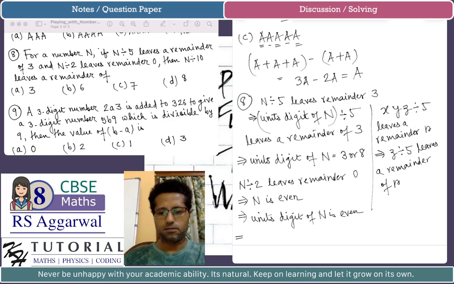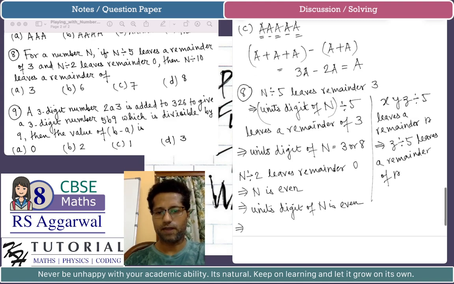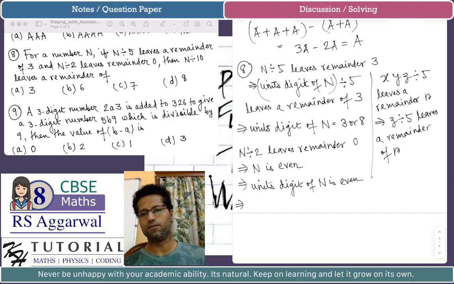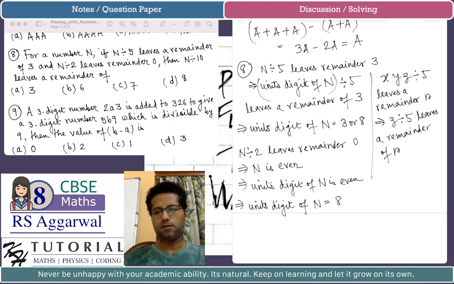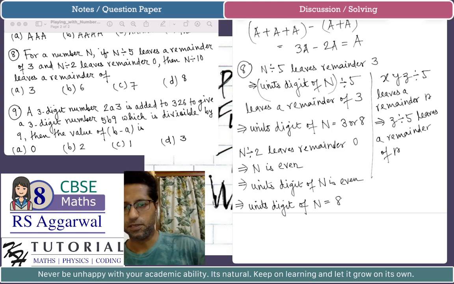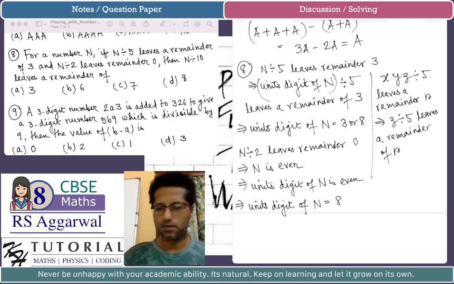This implies that, and from the previous fact we have found that the units digit of n is either 3 or 8. So we can clearly say now that the units digit of n is equal to 8, because 3 is not an even digit. 8 is an even digit.